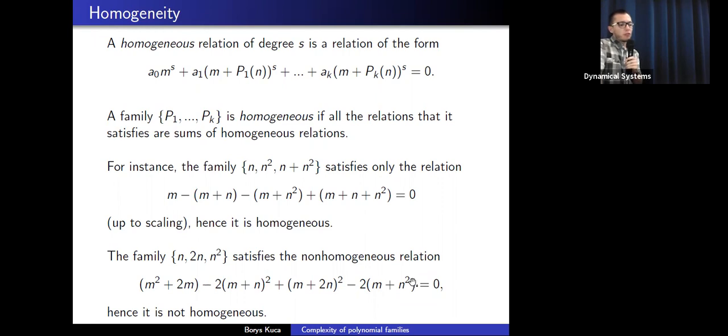And so this relation is not of the form given at the top. So it's not homogeneous. Not only is it not homogeneous, but also it cannot be written down as a sum of homogeneous relations. And that's, by definition, precisely what it means for this family not to be homogeneous. Okay? So we have one homogeneous and one non-homogeneous family here.